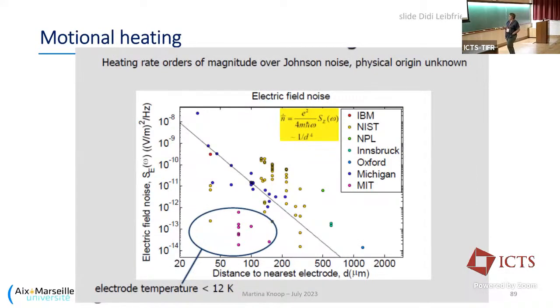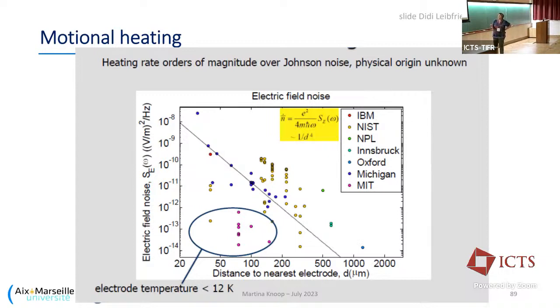I might have a very small excursion on heating. These traps do have some heating issues due to different effects, because what we talked about yesterday is that radio frequency heating is an issue, and here there can be other heating effects, like, for example, electric field noise or other environmental sources.